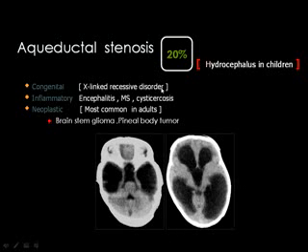Then congenital stenosis of the aqueduct is usually the commonest cause, but inflammatory conditions like encephalitis or cysticercosis and tumors occurring in the pineal body region, which is located here posterior to the third ventricle, or brainstem tumors can affect the aqueduct.